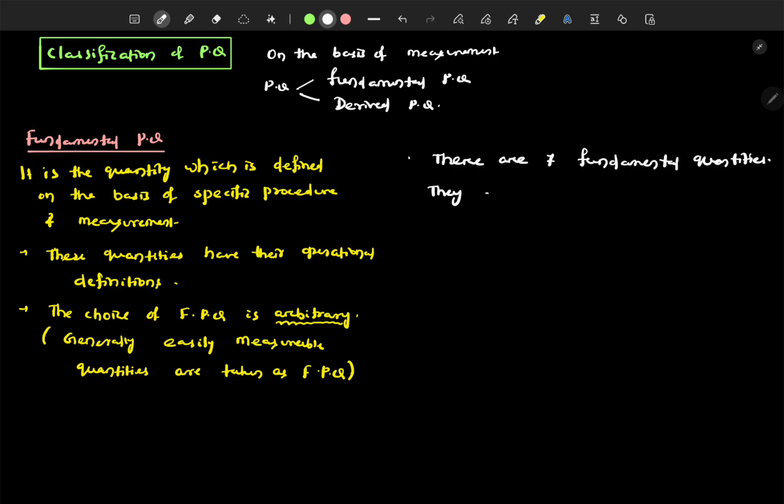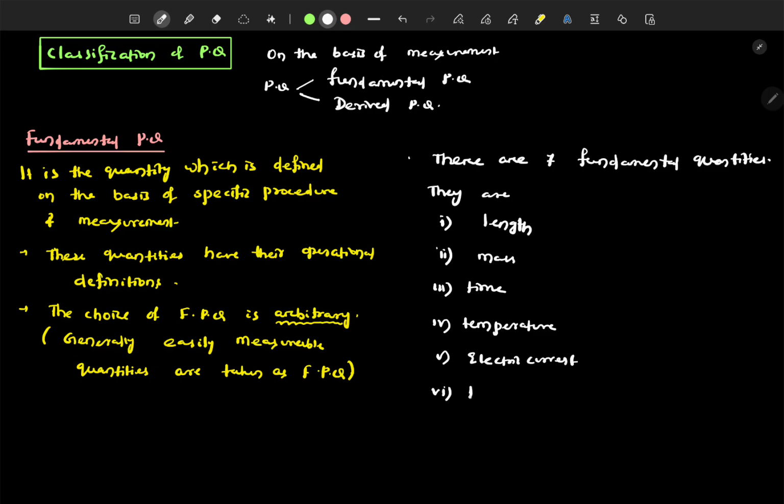First is length, second is mass, third is time, fourth is temperature, fifth is electric current, sixth is luminous intensity, and the last one is quantity of matter, or amount of substance.